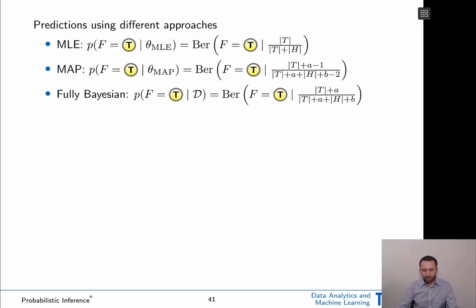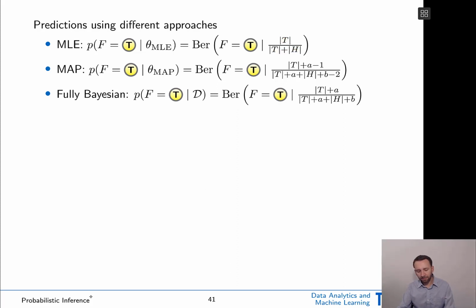Good. And then this essentially summarizes the three different ways we can now do our predictions. We can use the MLE, we can use the MAP, and we can use the full Bayesian. And in every case, the solution was, of course, a Bernoulli, because it's either head or tail. Here it was a Bernoulli with these parameters, right? The very first one, very intuitive one, the ratio of observed tails to all.